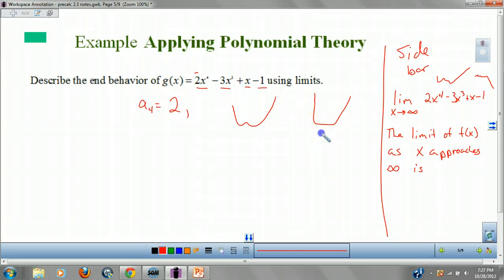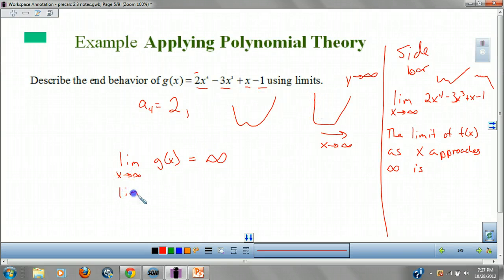Which means as my x goes to infinity, in this direction, my y is also going to go to infinity. So the limit of my g of x as x approaches infinity is going to be equal to infinity, because it's going to keep going up forever and ever.